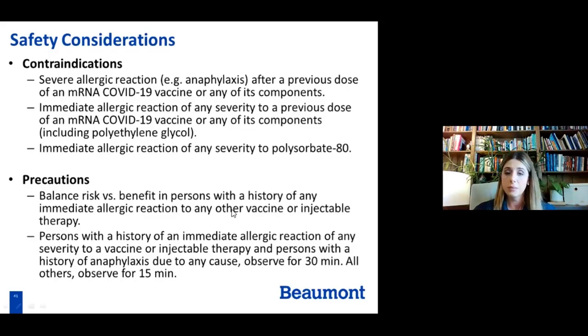We still assess patients immediately, observing them in the clinics for 15 minutes. And then sometimes we keep them for 30 minutes if they have a history of allergy to unknown injectable medications or vaccines in the past. I've had patients have an initial trigger response within 5 to 10 minutes of the vaccine where it's not a rash necessarily, but just itching at the site of injection, which is fine.